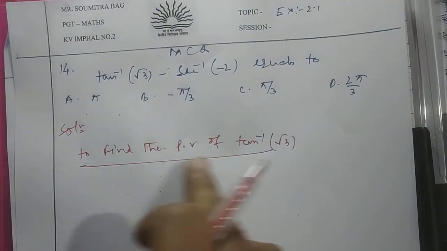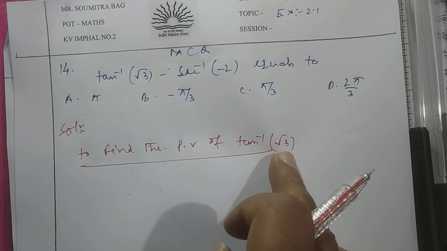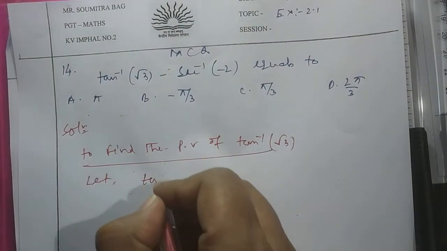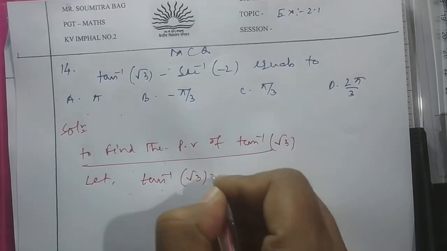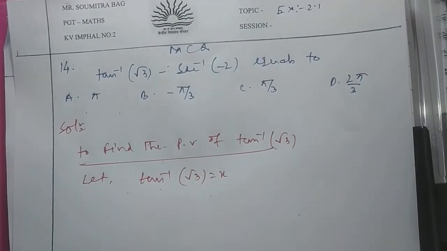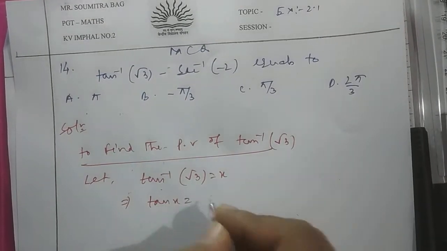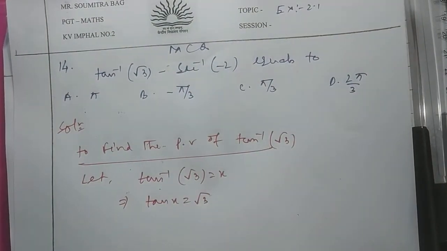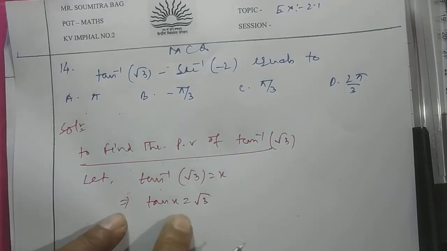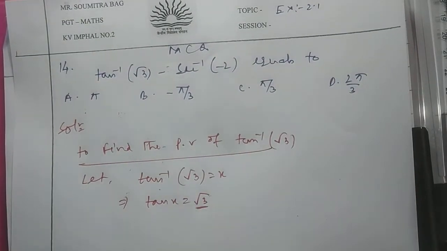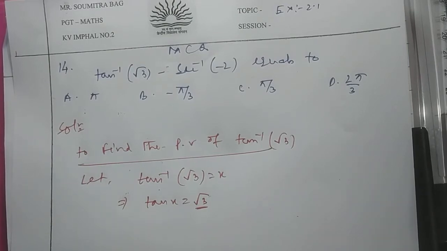First let us find the PV of tan inverse root 3. We know how to start. Let tan inverse root 3 equal to x as usual. Then simply tan x will be equal to root 3. Now tell me tan what angle is root 3?